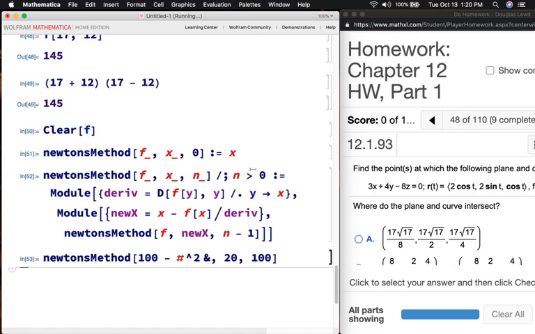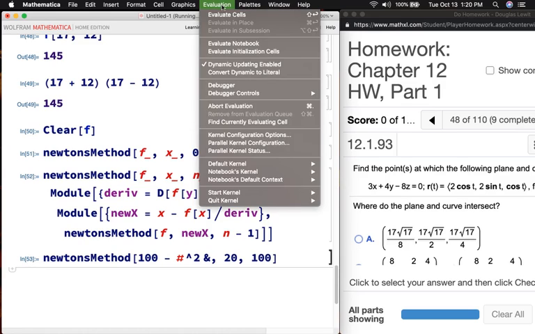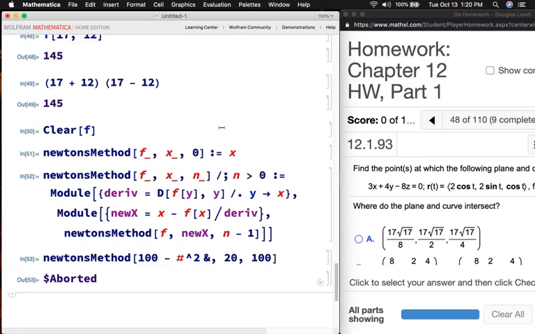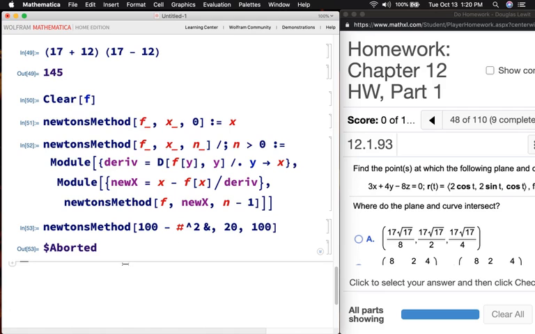Okay, what is the problem here? Abort evaluation. I'm going to rewrite this.